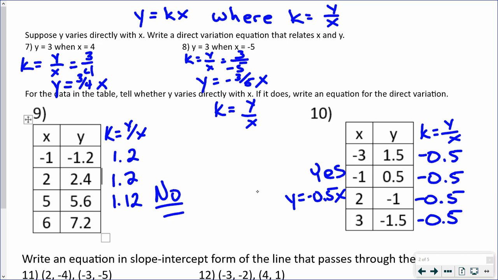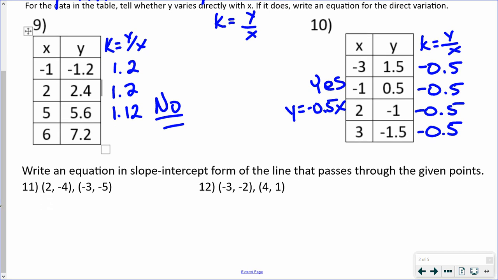So again, direct variations are the simplest form of linear equations. Just y equals k times x, where k is the constant of variation, and k can be found by doing y divided by x. All right, the next piece here says write an equation in slope-intercept form of the line that passes through the given points.